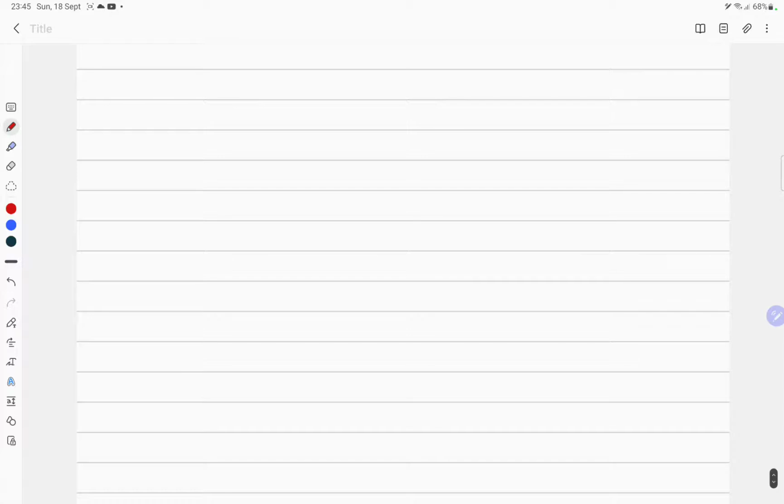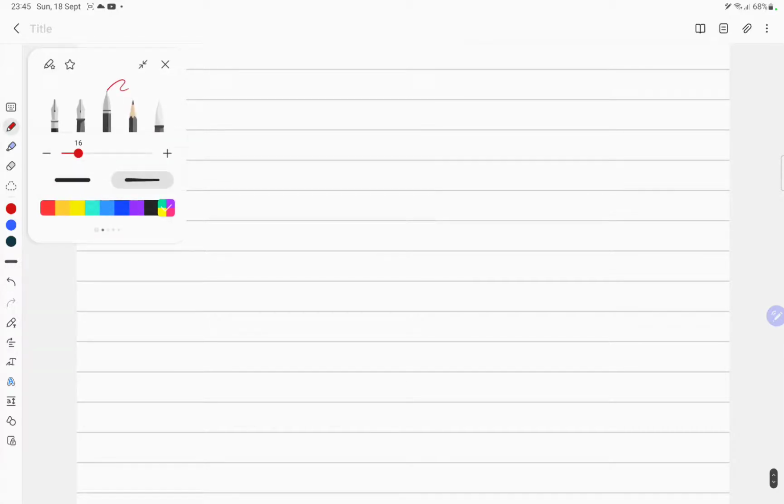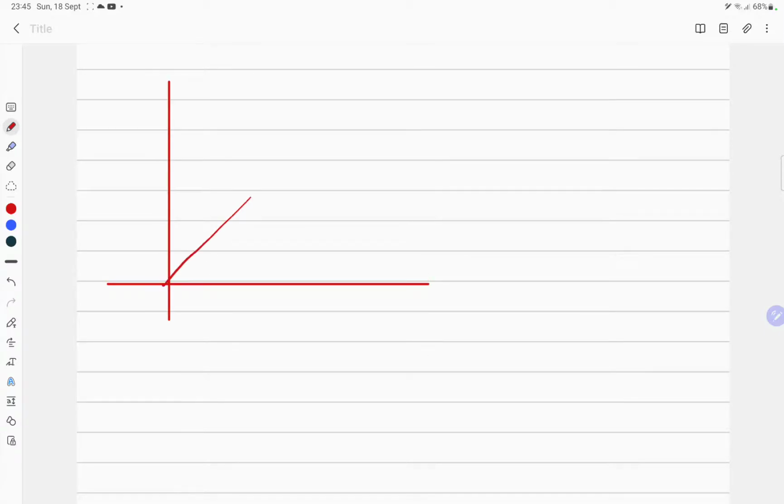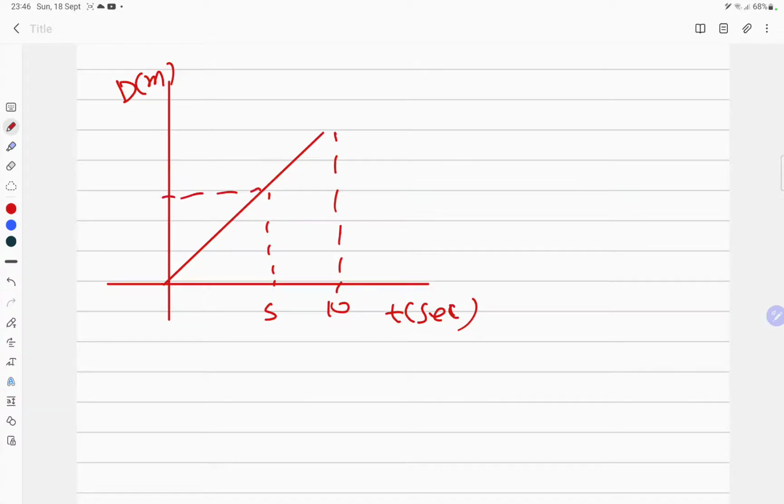Okay, I'll give one more example so you'll make sure you understand what I'm doing. This is displacement in meter, this is time in second. Say 10, 5, 5, 20. Now tell me, this is a displacement time graph. What's the slope?